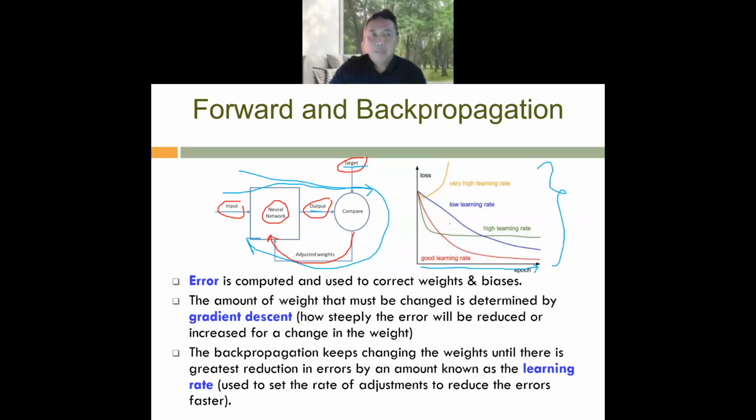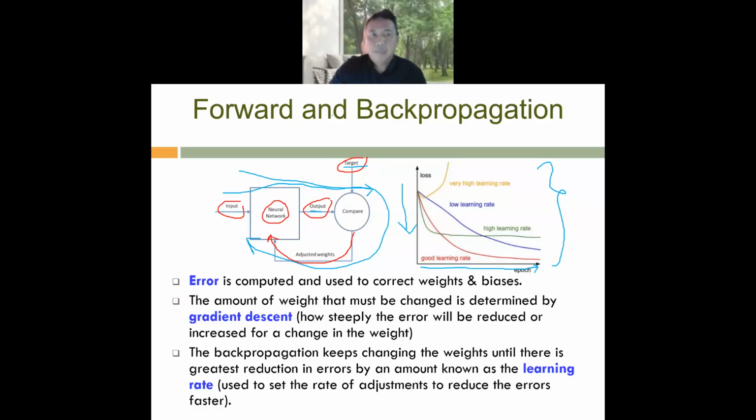If you look at the red one, the more we train them, the more we reduce the loss or the error. So the red one is considered a good learning rate, because the more we tune the weights, the lower the loss and the lower the error.